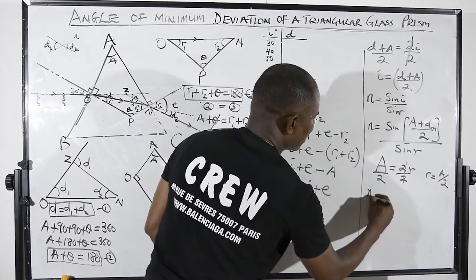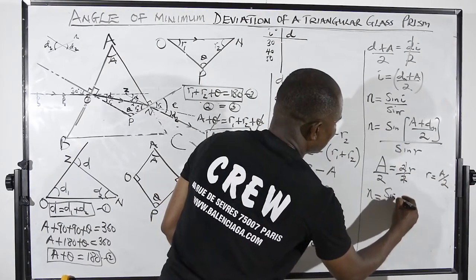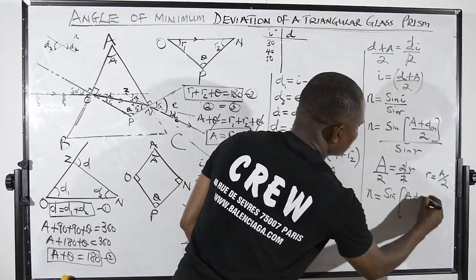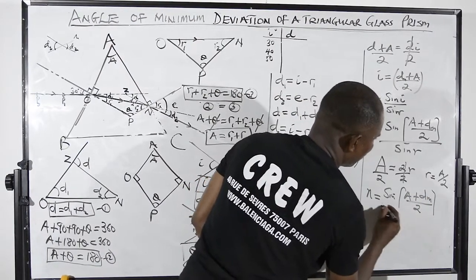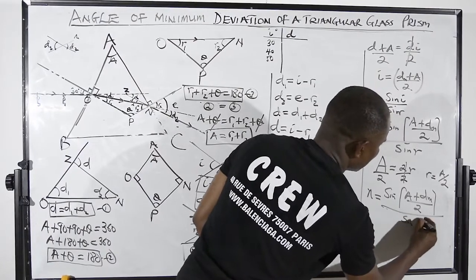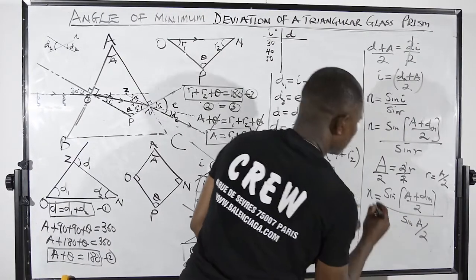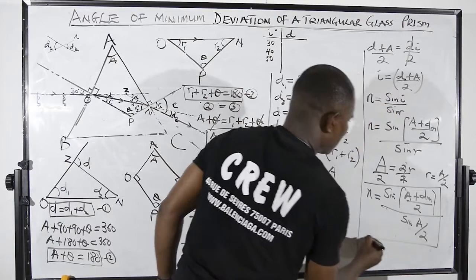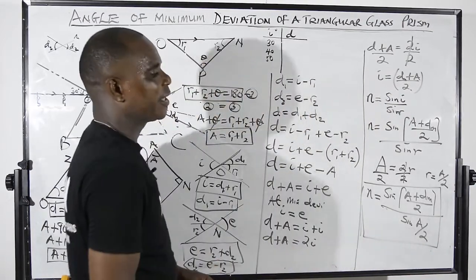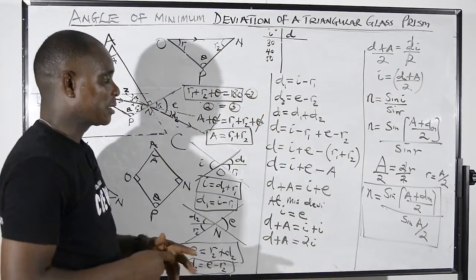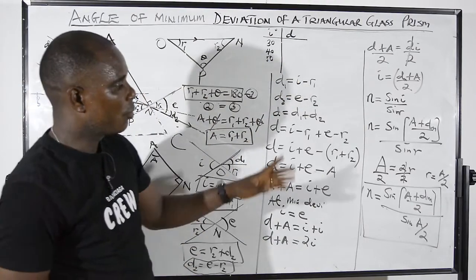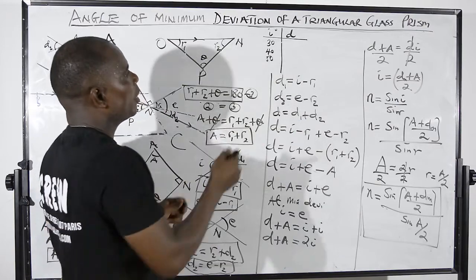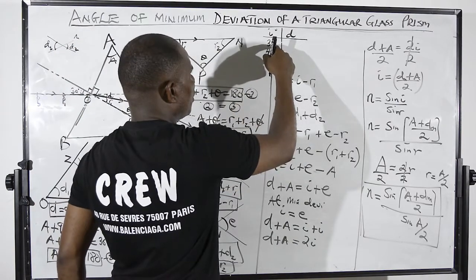I put it inside that equation, and I have N equals sine of (A plus D) all divided by 2, all over sine of A over 2. So this is another equation for the refractive index of glass using the minimum deviation method.